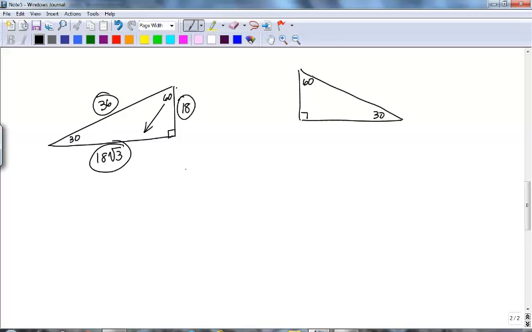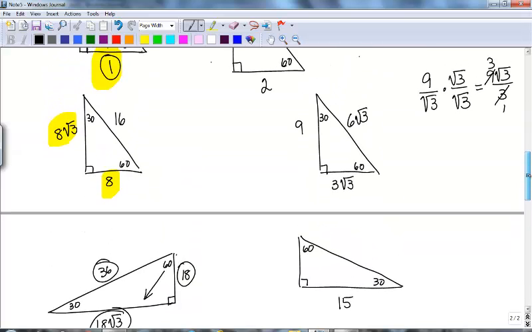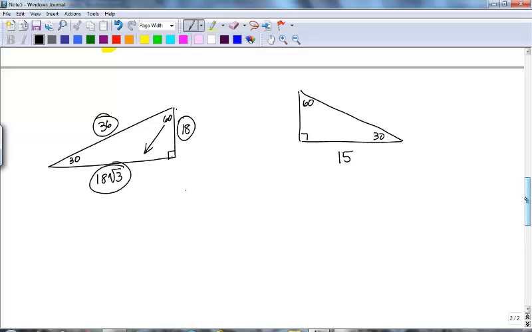Okay, so let's say I gave you 15. Did I give you the longer leg or the shorter leg? Longer leg. How do you get from the longer leg to the shorter leg? Divide by radical 3. So take 15, divide by radical 3.